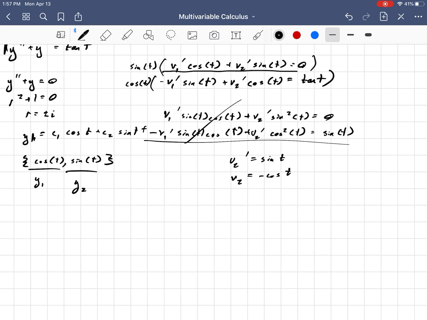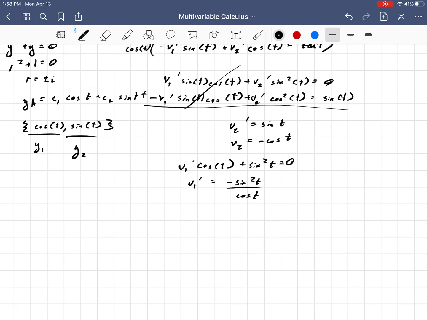So now we can go back and find what v sub 1 is. Because I know originally from this equation here that v sub 1 prime cosine of t plus v sub 2 prime, which we found to be sine of t, so that we get plus sine squared t, is 0. Or in other words, v sub 1 prime is negative sine squared t over the cosine of t.